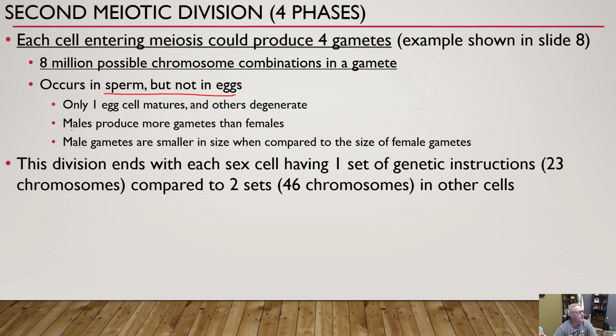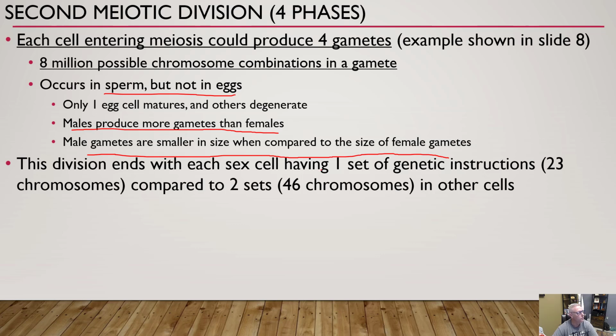What we find is that males produce more gametes than females. Males produce more sperm than females produce eggs, and we'll see the numbers towards the end of this lecture. Males over their lifetime are going to produce millions and millions of sperm, whereas females are only going to produce a few hundred eggs over the course of their lifetime. Male gametes are also smaller than female gametes; sperm are much smaller than eggs.